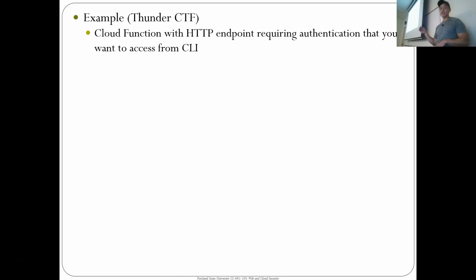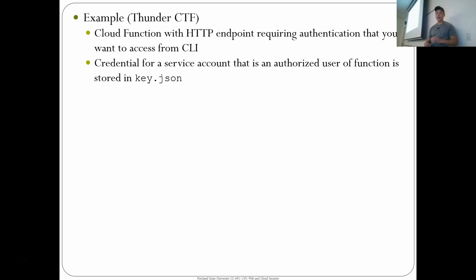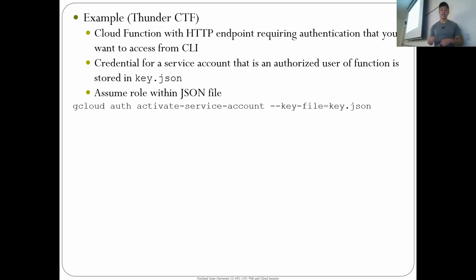Say you're in Cloud Shell, and you want to hit that endpoint using an authentication token. The process would be, if you have the service account key that you want to take on the role for, and say that's stored in key.json, you would first activate it.